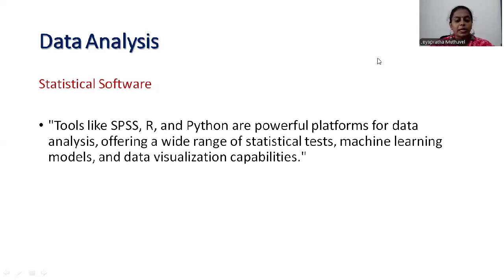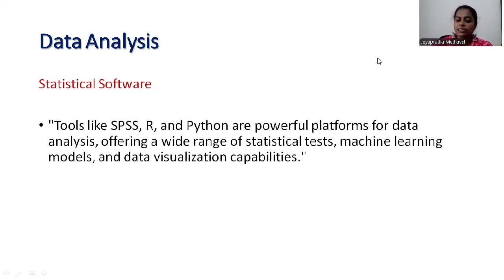Python is a programming language with libraries like Pandas, NumPy, and SciPy for data analysis. And Stata is software for data management, statistical analysis, and graphics. These tools also help with data visualization capabilities.